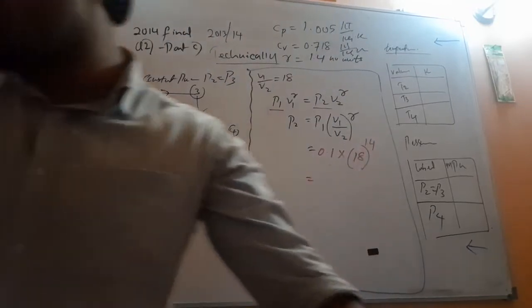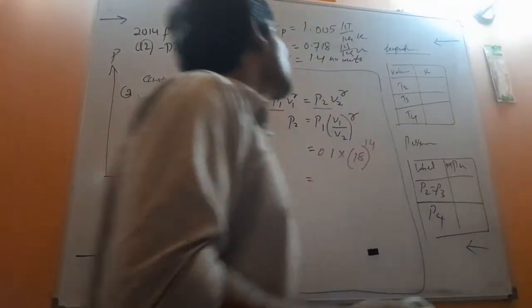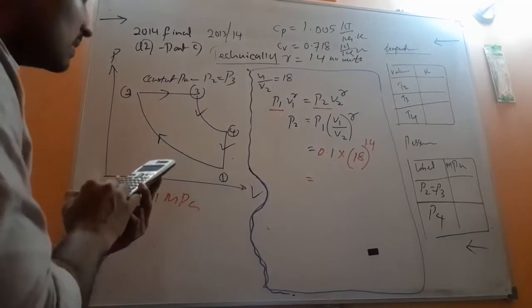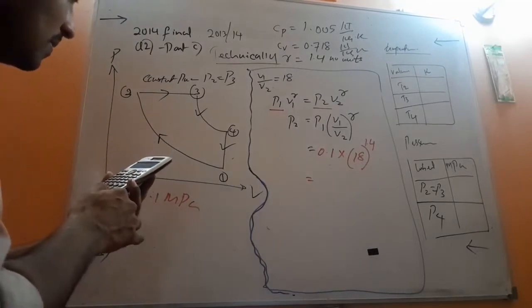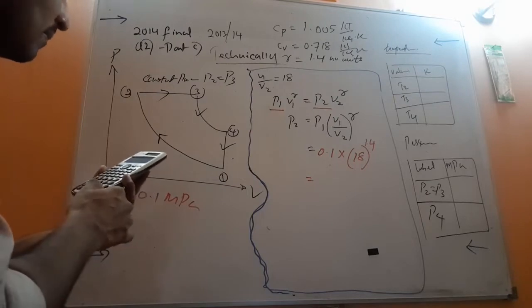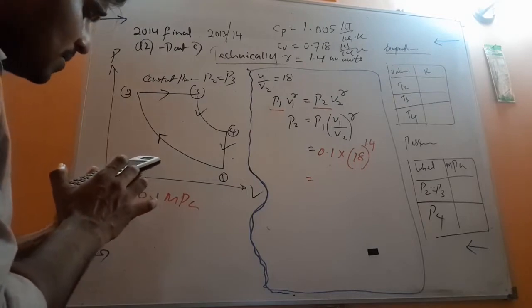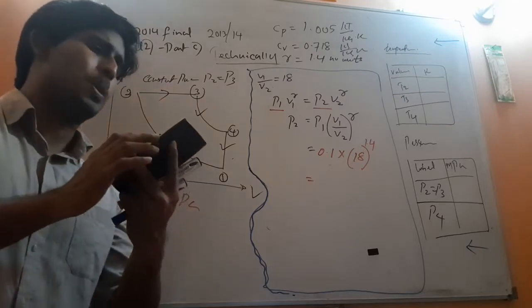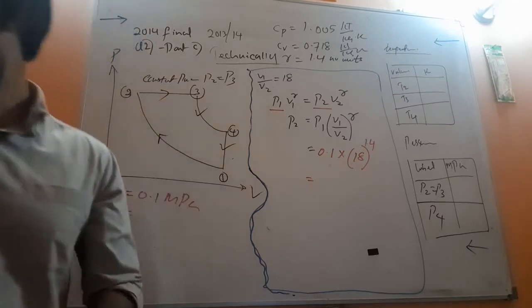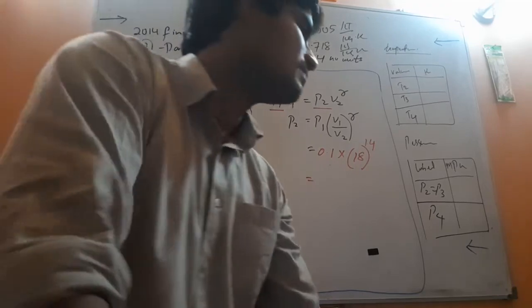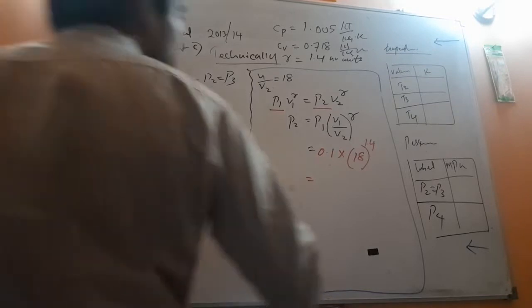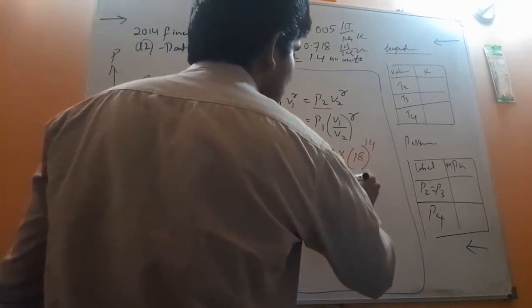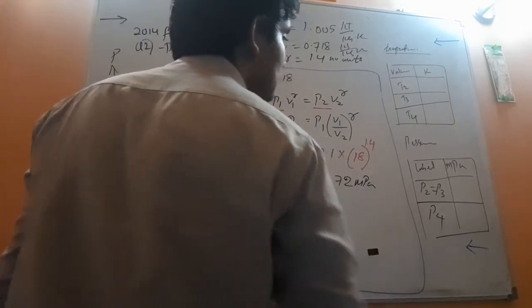So let's quickly solve this. What is the answer? 18 to the power 1.4 is 5.72 megapascals.